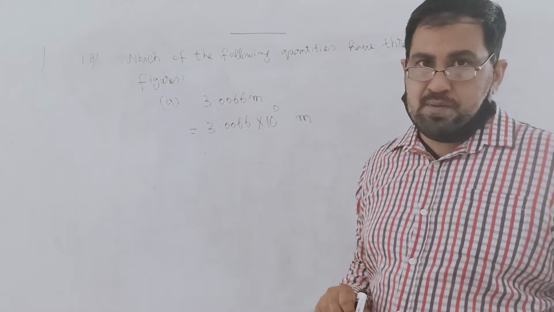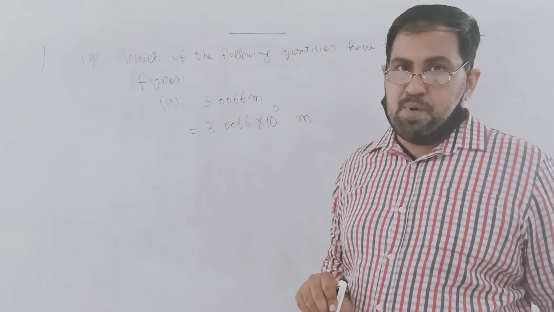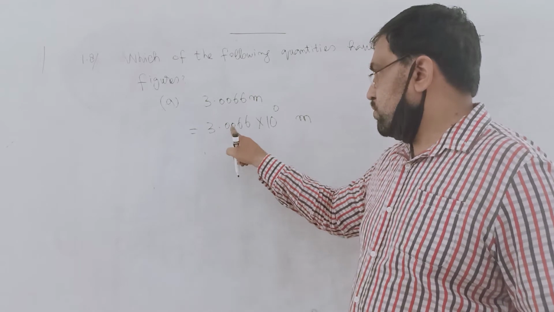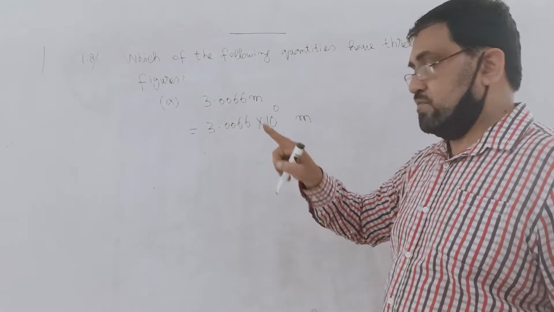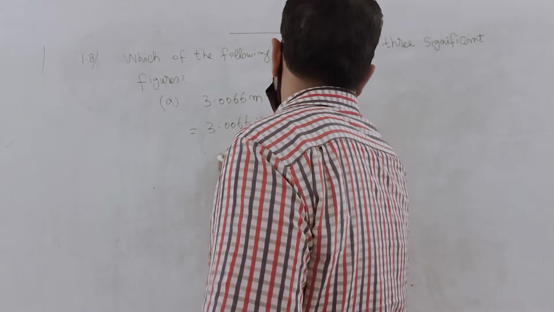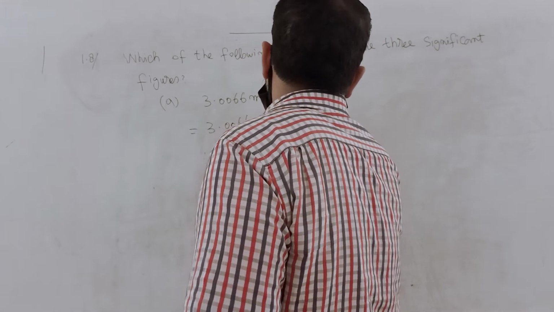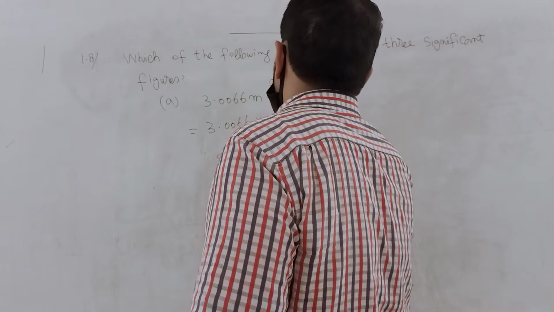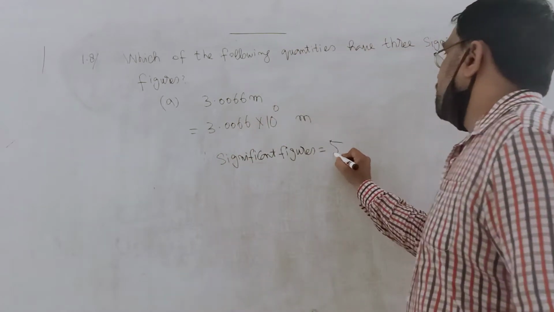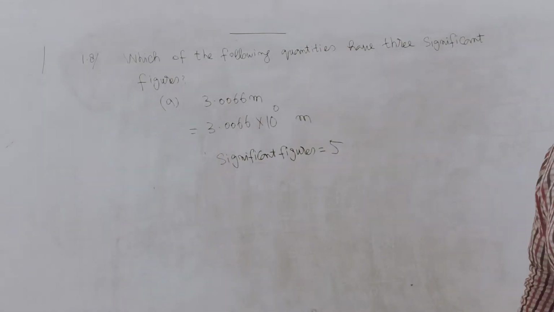Count the number of digits in this value: 1, 2, 3, 4, 5. So significant figures is equal to 5.